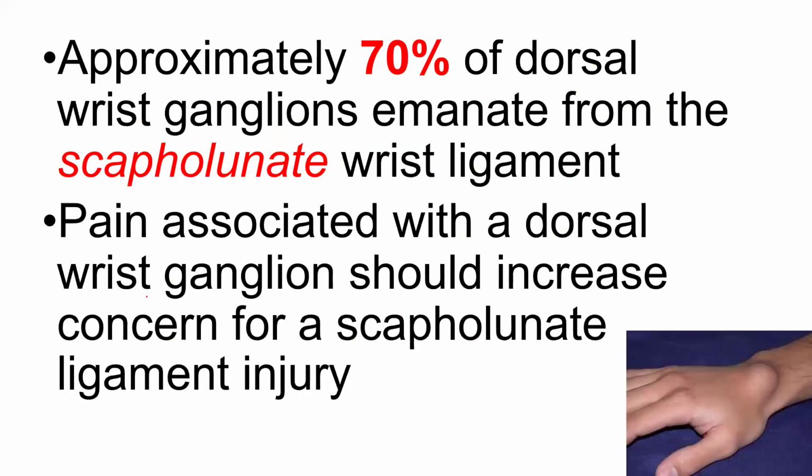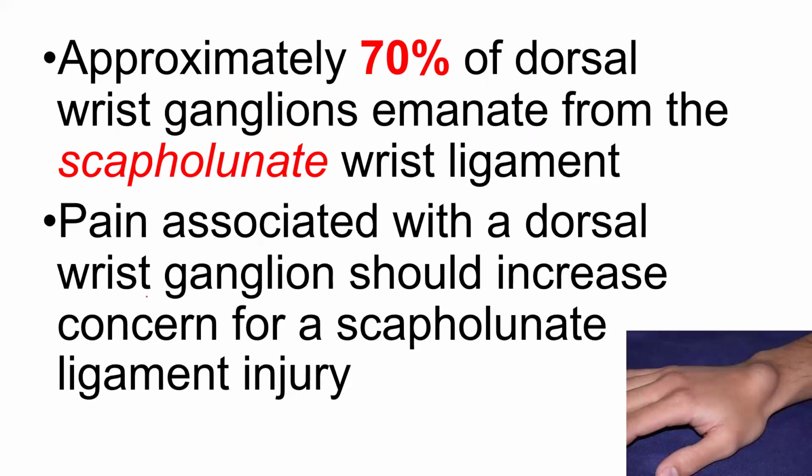Dorsal wrist pain and dorsal wrist ganglions. Approximately 70% of dorsal wrist ganglions emanate from the scapholunate ligament.